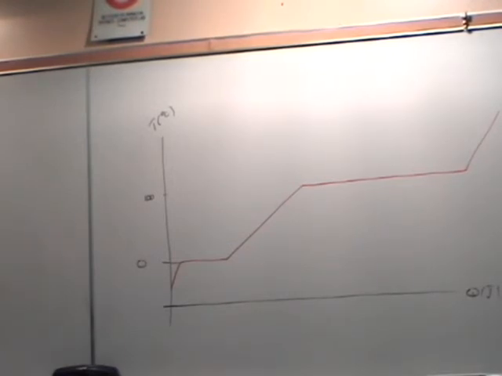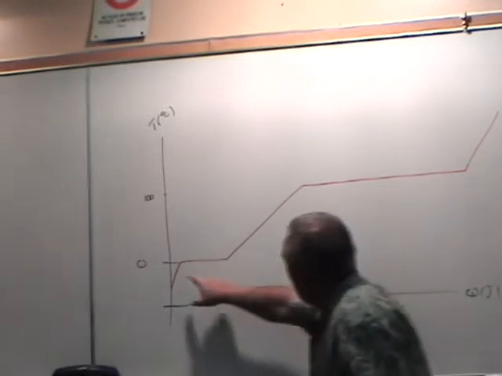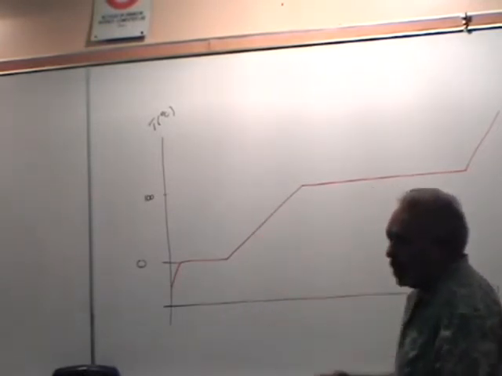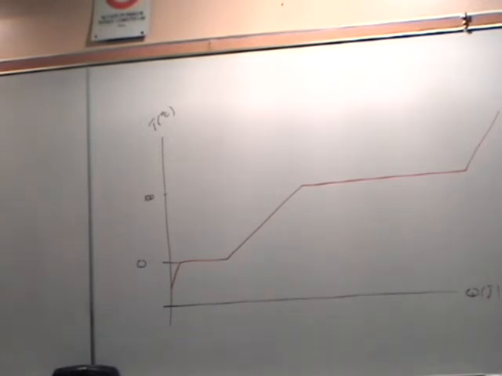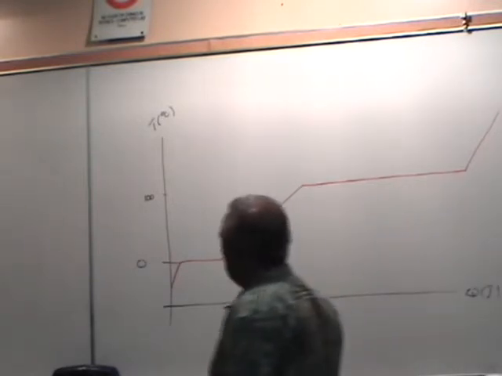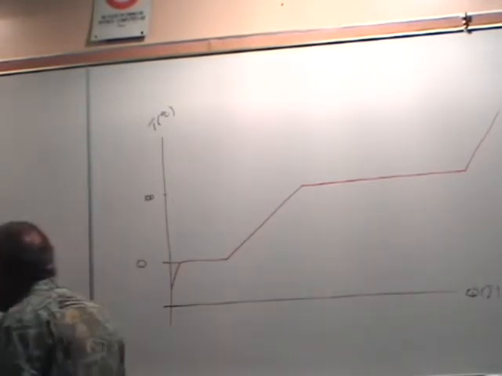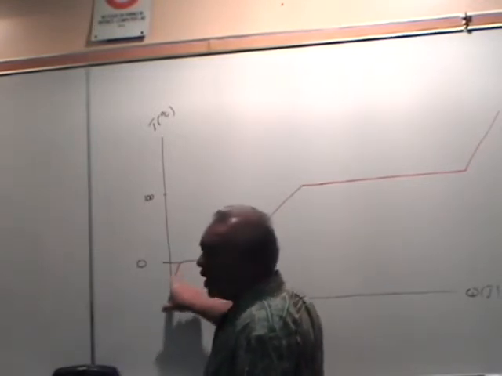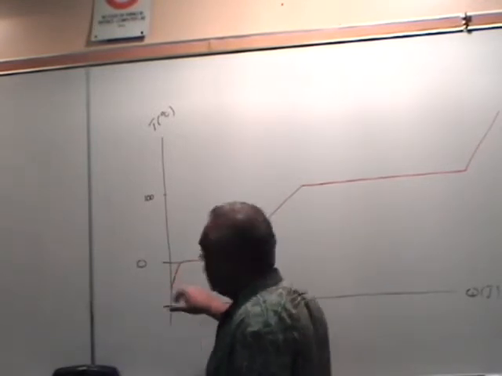Also implied, I hope it's obvious from the way I drew it, it's also obvious in any graph that you look at, that the slope here and here is more extreme than the slope here. What does that suggest to you? The specific heats are different here and here. When you have a certain amount of heat flow in this region, you get a more extreme temperature change. Likewise here.